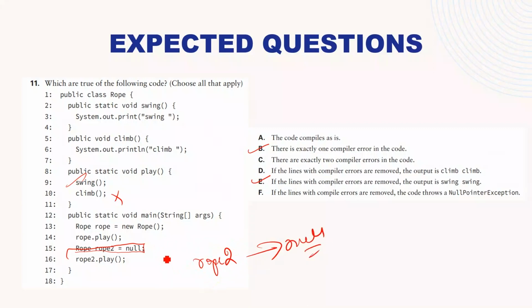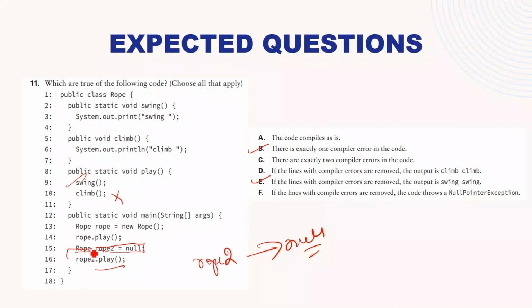Many people will think that calling rope2.play will throw a null pointer exception, but that is not the case at all, because Java allows you to call static methods this way. This play is a static method, as you can see: static void play. If it had been an instance method, then this would have thrown a null pointer exception, because instance methods depend on the objects first of all, right? I have already told you that.